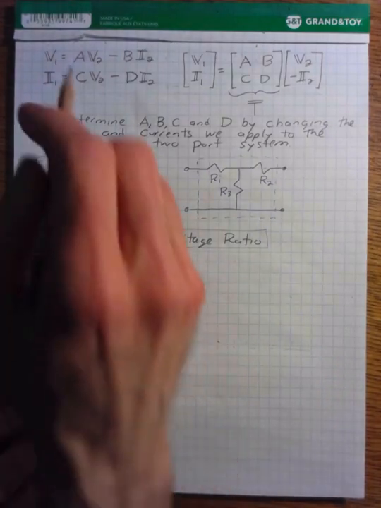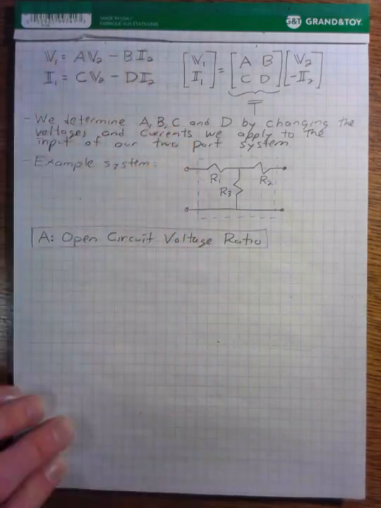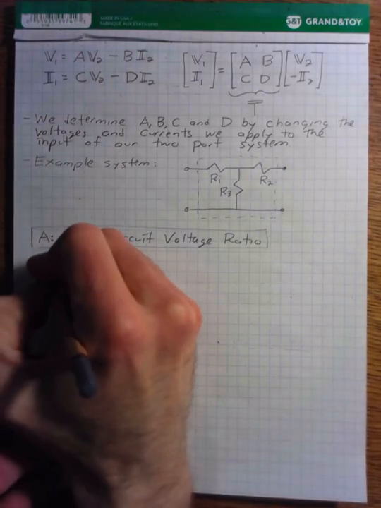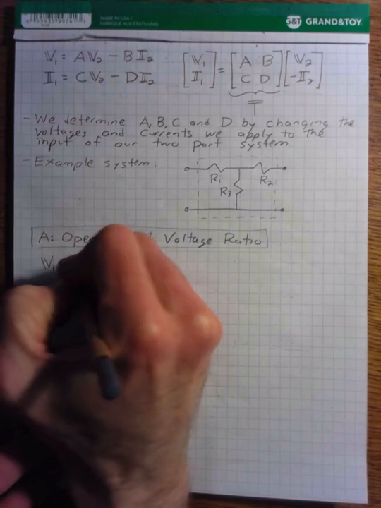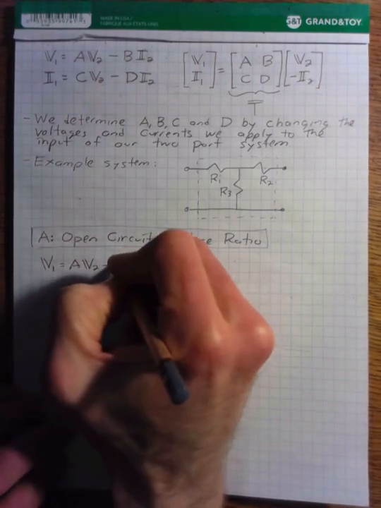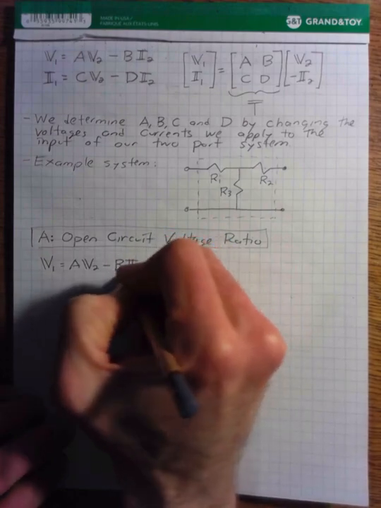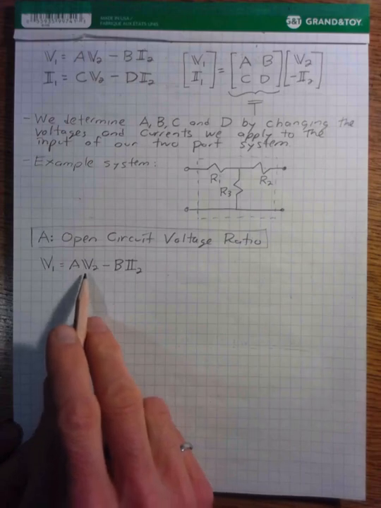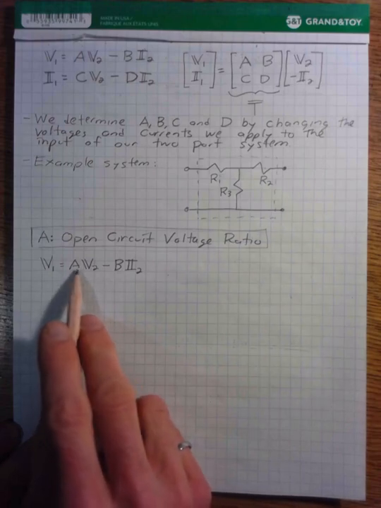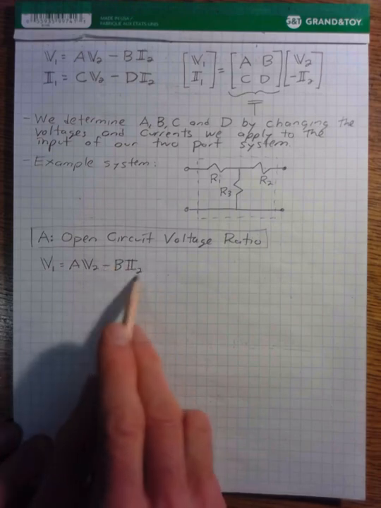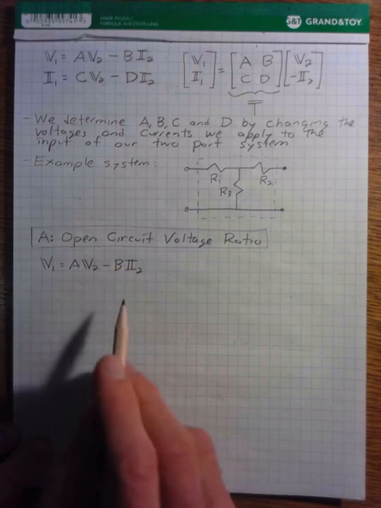And so there's only one of our 2 equations that has A as a parameter in it. V1 is equal to A times V2 minus B times I2. And so if we want to figure out A, or solve for A, this second unknown is kind of a bit of a hassle, so let's get rid of it.